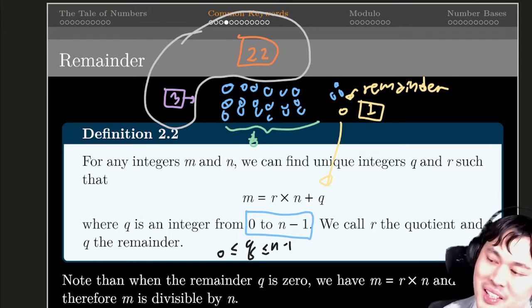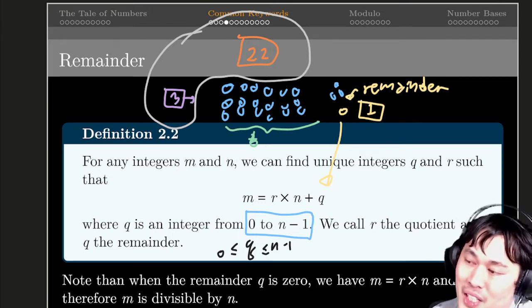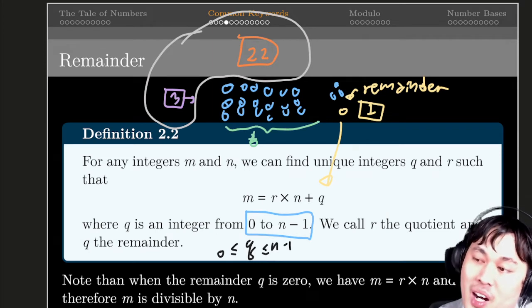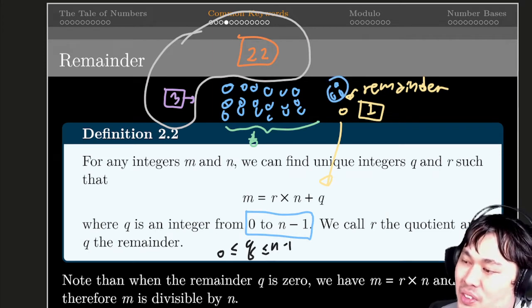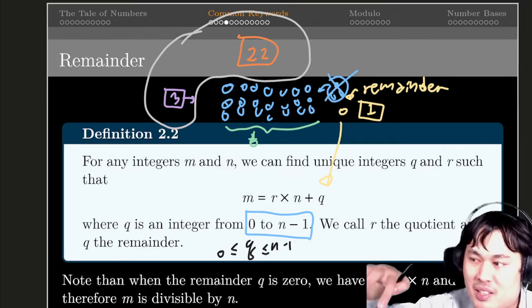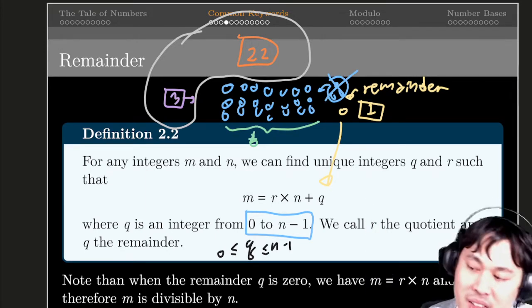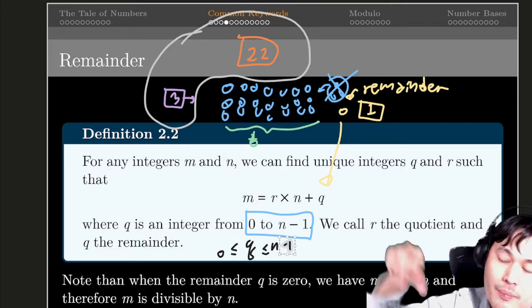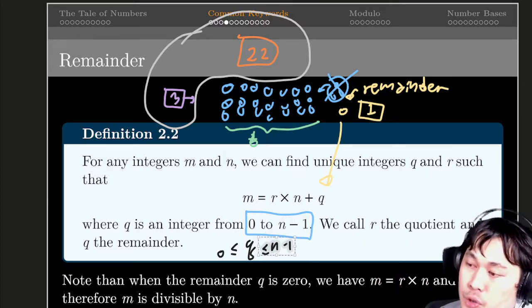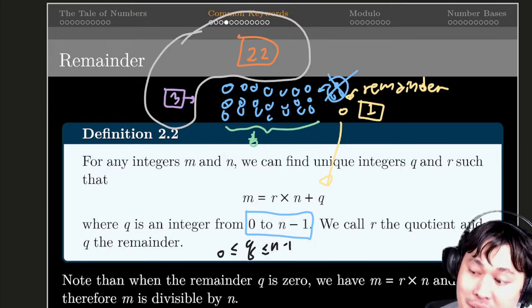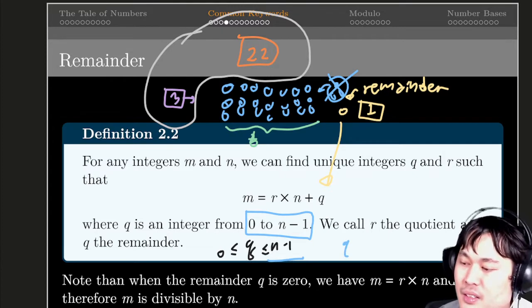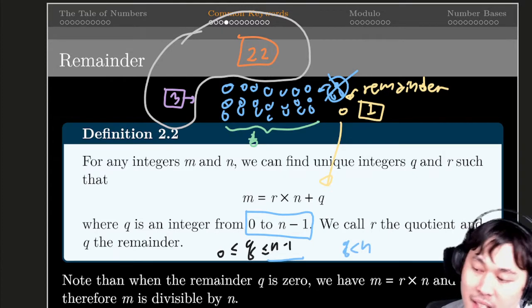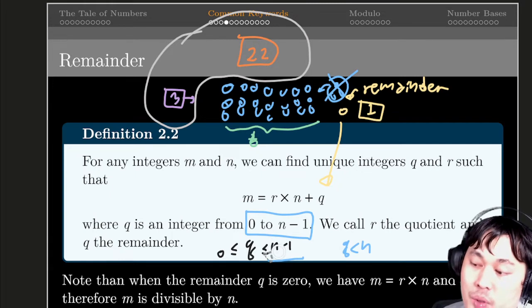But if you think about it intuitively, if there are 3 more objects here, you can still divide them. You shouldn't keep them as remainders if there are more than n. That means you can still put them into groups. So you should divide until you have less than n objects, so the remainder is less than or equal to n-1.